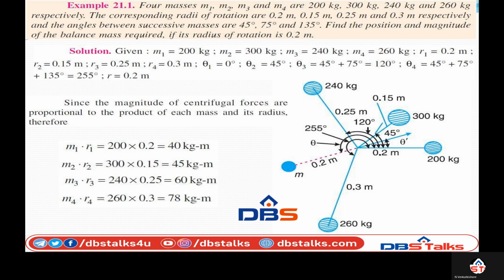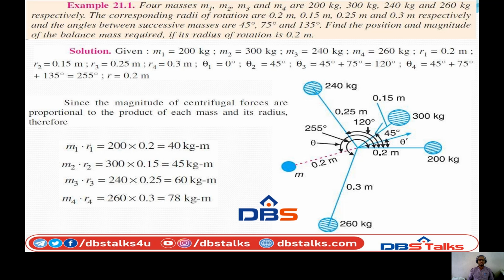But in the question, it was clearly mentioned that we need to find the balancing mass rotating at a radius of rotation 0.2. So we need to get a solution for the balancing mass rotating at radius 0.2, and also the position, that means with respect to horizontal or corresponding to the four masses, at how much angle it is to be placed to balance these four masses.